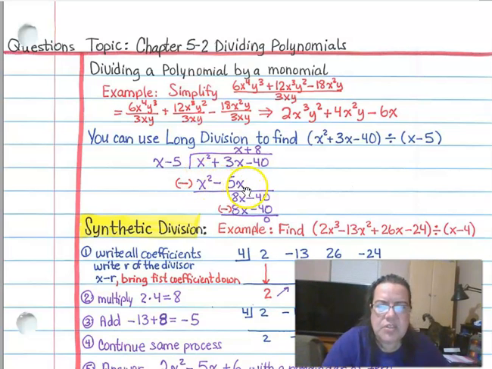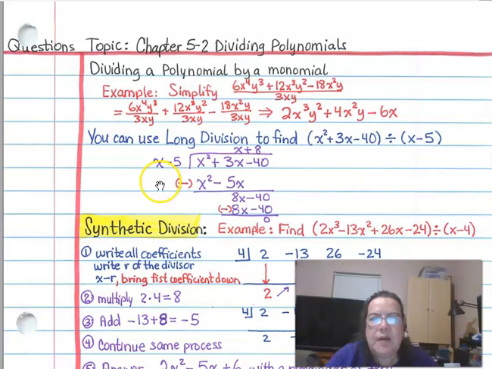Now, think of when you learned how to do this kind of division with anything. What do you always do with this line? You always subtract it from this one, right? So that's exactly what I'm going to be doing. So you subtract this, and remember, minus a minus actually becomes plus.